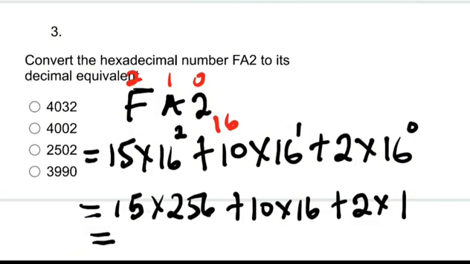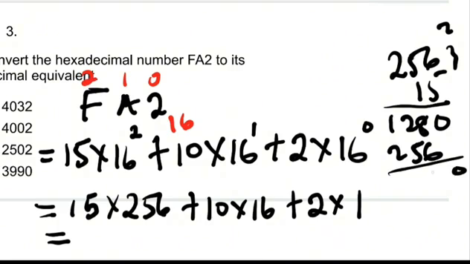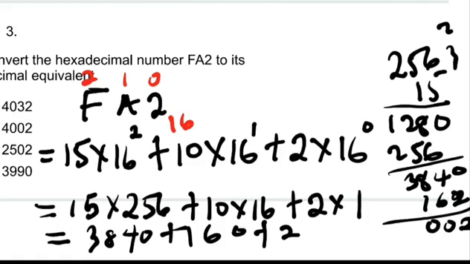So this will give us 15 times 256, which is 3,840, plus 160, then plus 2. So adding everything together, 160 plus 2 is 162, and adding everything, that is 4,002, which is this one.